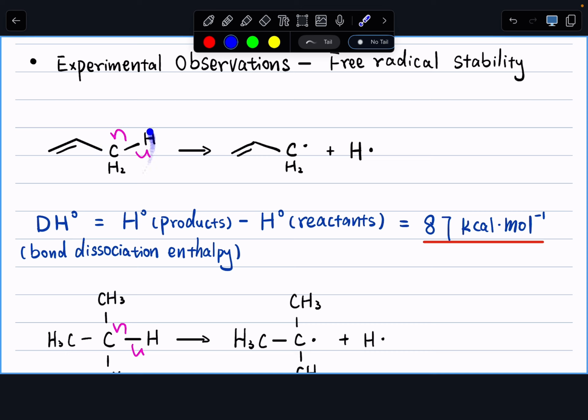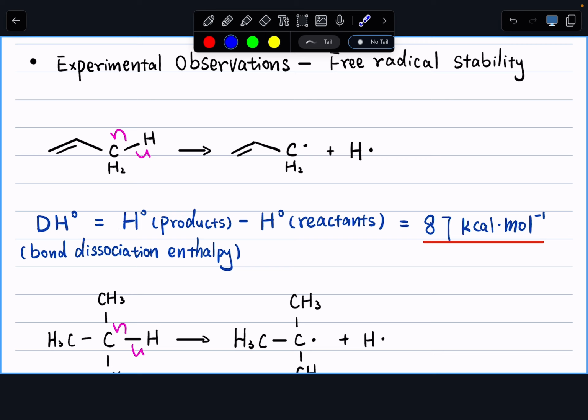On the left-hand side, that's the way we do arrow pushing. If you remember, drawing it this way means that of the two electrons in that single bond, one goes onto the carbon, the other goes onto the hydrogen. In this case, we call this hydrogen an allylic hydrogen because it's neighboring a double bond.